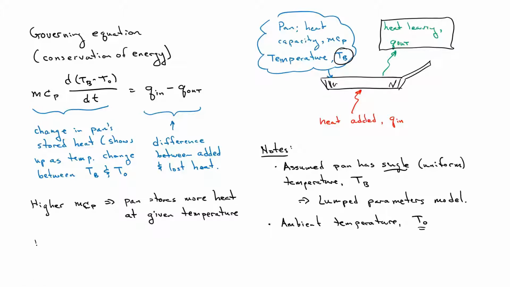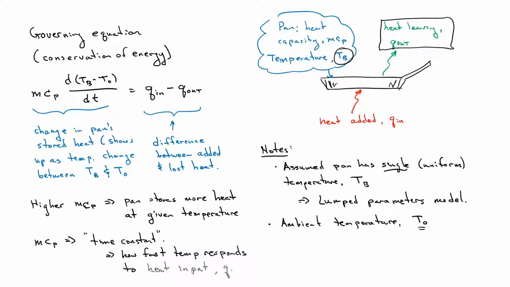Another thing about this equation, the term m c sub p is what is mathematically called a time constant. Roughly speaking, the time constant is how fast the system can respond to some change in input. So this is going to tell us how fast the temperature responds to some heat input Q in. So the higher m c sub p is, the longer the time constant is, and the longer it'll take for the pan to respond.